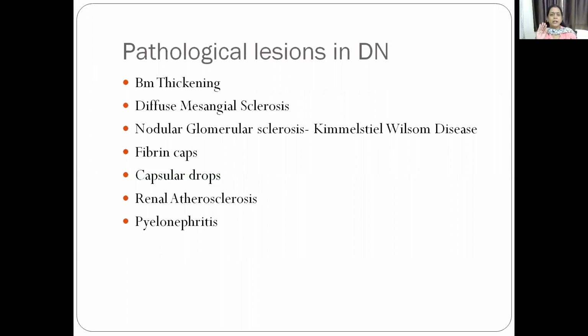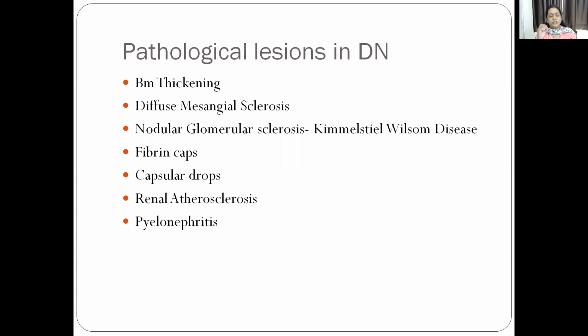Remember, diabetic nephropathy can be explained under these three headings. The glomerular lesions can be basement membrane thickening, diffuse mesangial sclerosis, nodular glomerular sclerosis or Kimmelstiel-Wilson disease, fibrin caps, and capsular drops. Okay, all these 5 are important under the glomerular lesions.